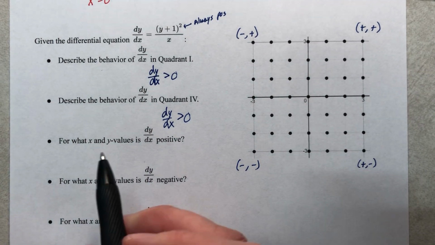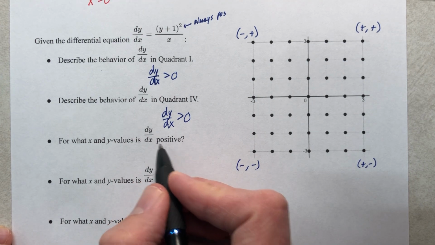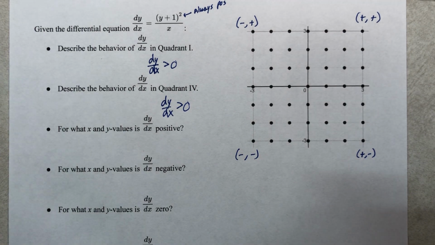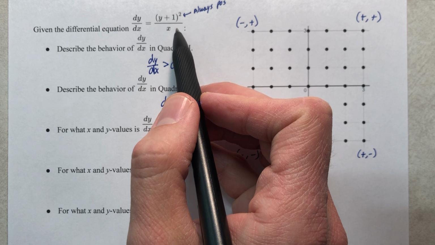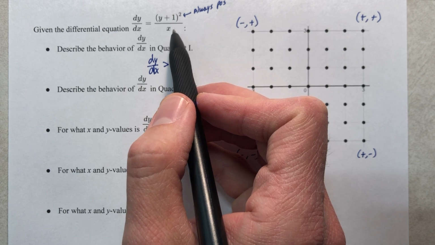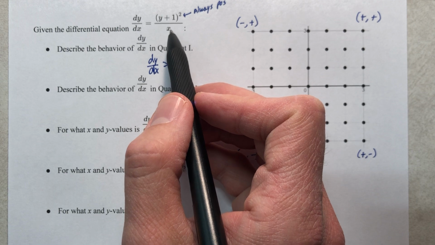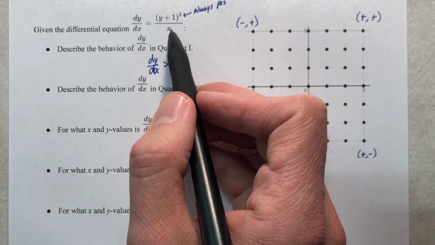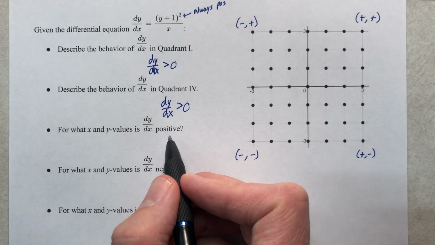There you go. For what x and y values is this positive? Okay, so we've kind of already answered that, but we're going to just flesh it out a little bit more. If I wanted this to be positive, the only way to make this positive is to have, well, numerator is always positive. Denominator, if it's negative or 0, well, 0, we have a problem. But if it's negative, we have positive divided by negative, and we'd have a negative.